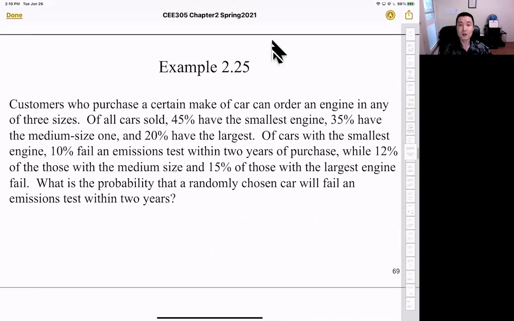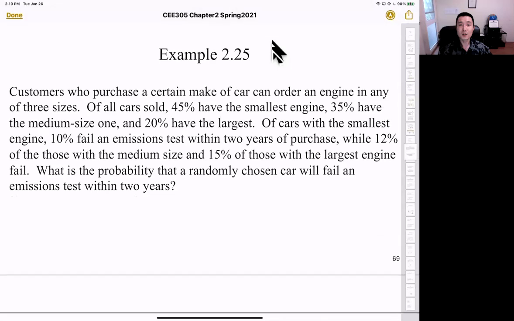Example: a customer who bought a certain make of car can order an engine in any of three sizes. Of all the cars sold, 45% have the smallest engine, 35% have the medium-sized engine, and the remaining 20% have the largest engine. So the engine sizes small, medium, and large are exhaustive and exclusive events, which means they have nothing in common.